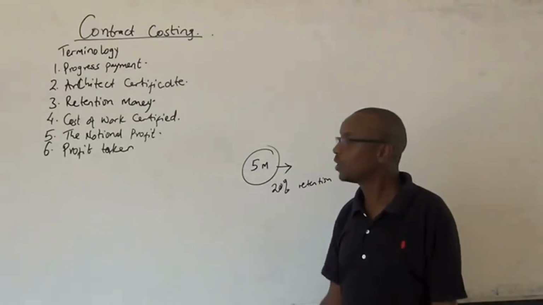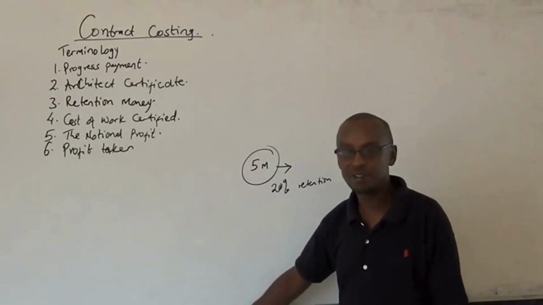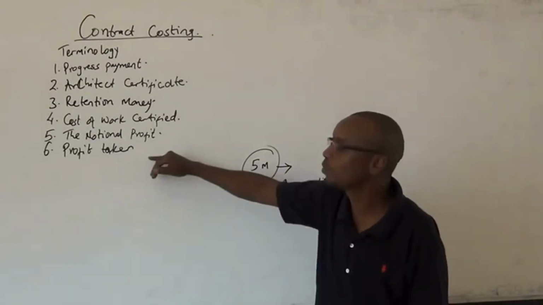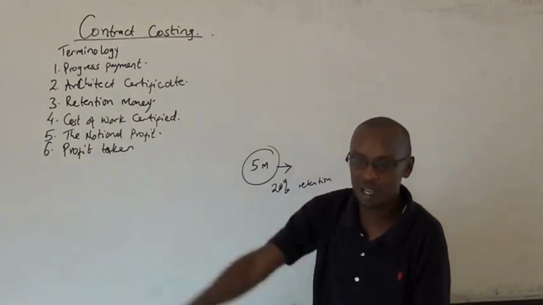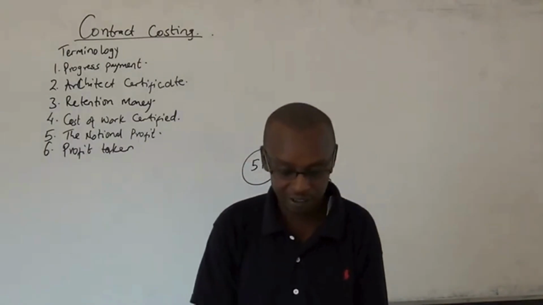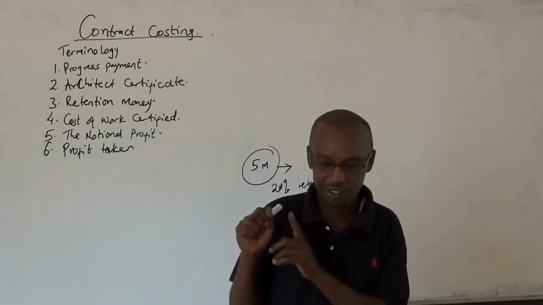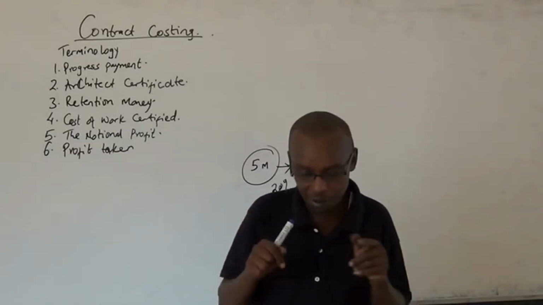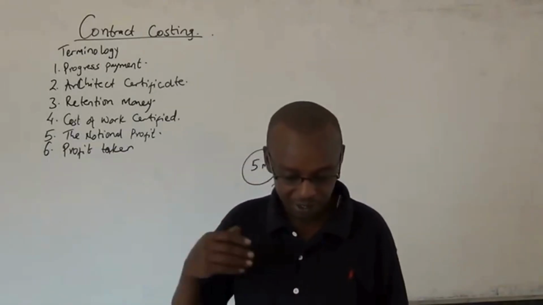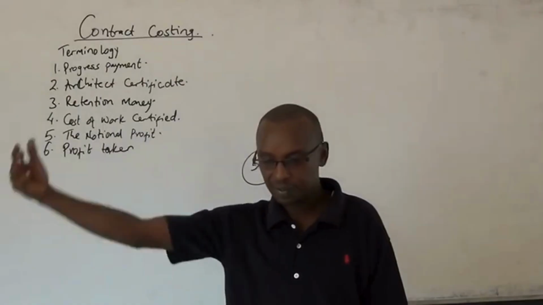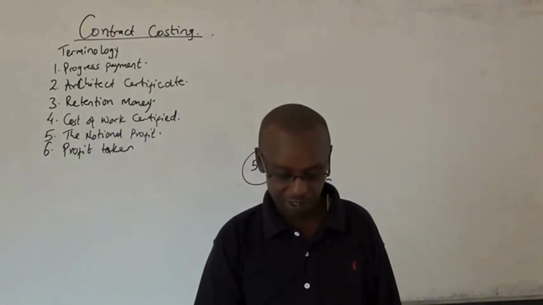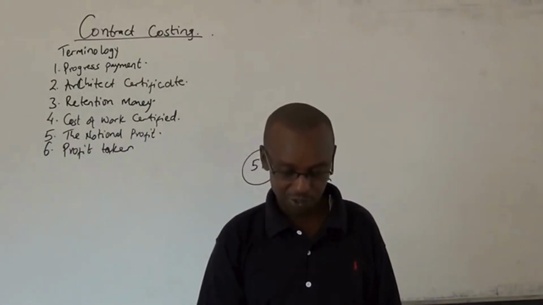At the end of any financial year, we need to know what was the profit for this year. That is the profit taken, the part of the notional profit that is recognized in the current period. It is then carried forward to the subsequent periods.